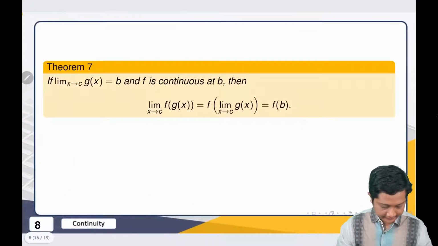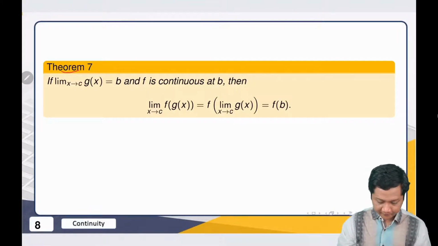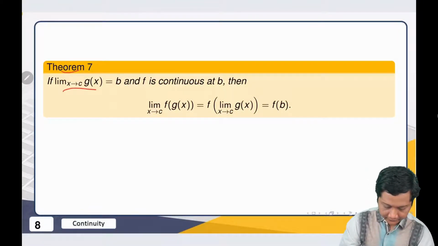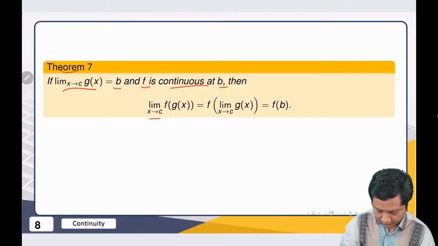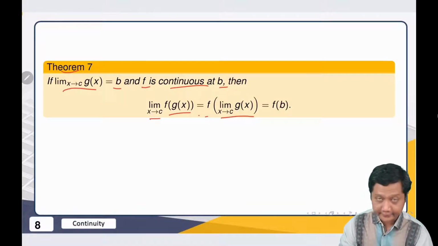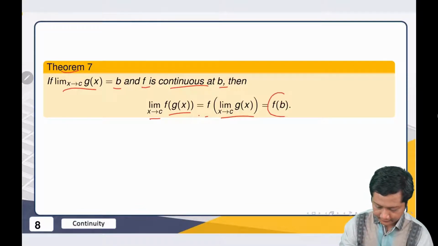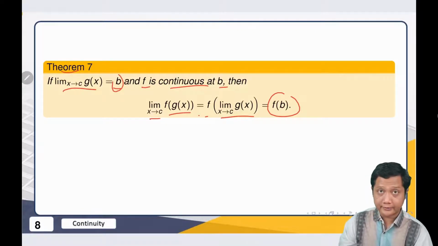Okay, before we go to the next example, we check this. If the limit as x approaches c of g(x) is equal to b, and f is continuous at b, then the limit as x approaches c of f(g(x)) is equal to f of the limit as x approaches c of g(x), and because the limit is b, it is equal to f(b).